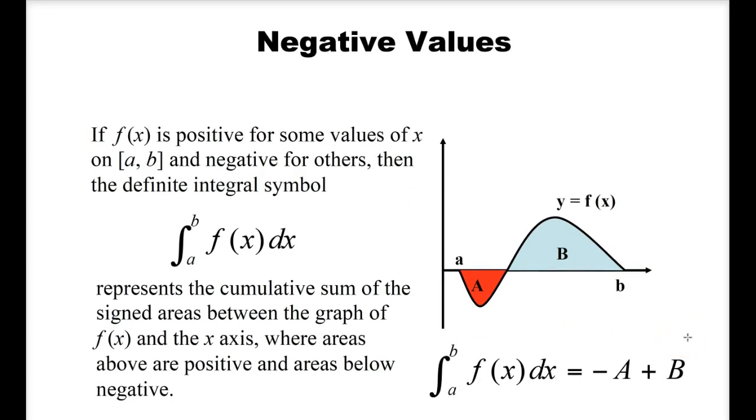Whenever we're talking about area under the curve, one of the interpretations that we need to know is that any areas enclosed by the function and the x-axis, where the area is above the x-axis, are going to be positive, and any areas that are enclosed by the x-axis and the function, if it's below the x-axis, are considered to be negative.